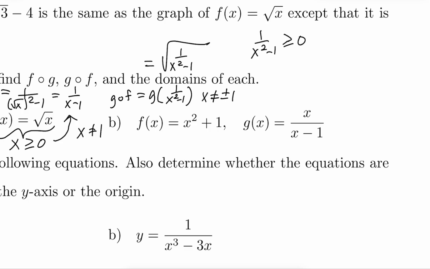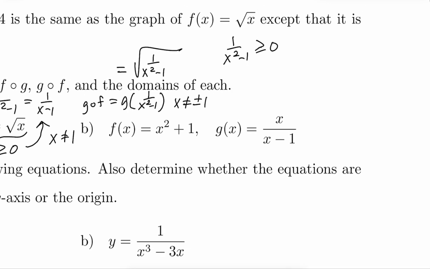Now, we already know we have to skip positive 1 and negative 1. That screws up the original. But where is the inside greater than or equal to 0? That's a plus or minus chart, unfortunately. So if we look at the zeros, we already know that 1 and negative 1 have an issue, right? We know that.